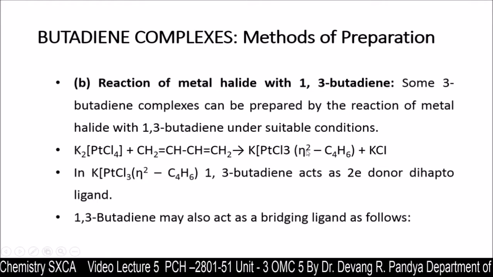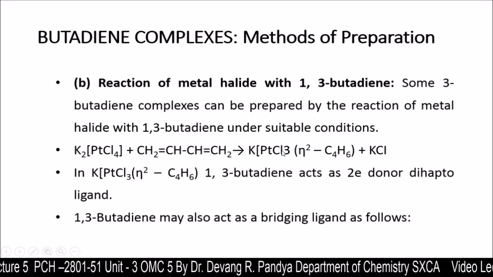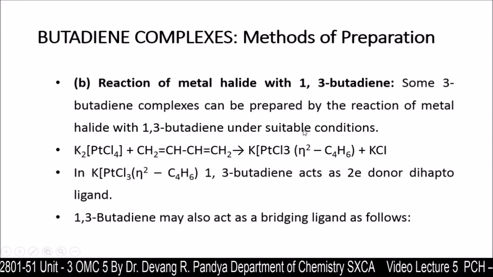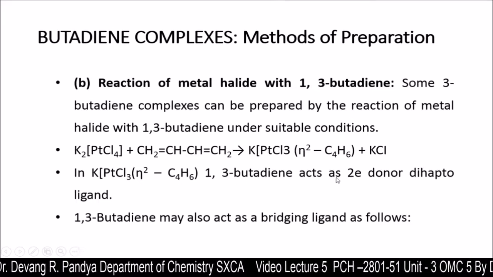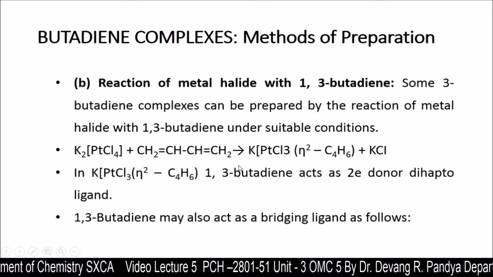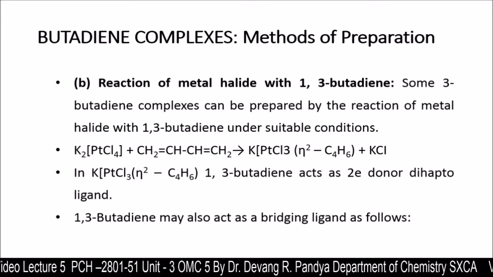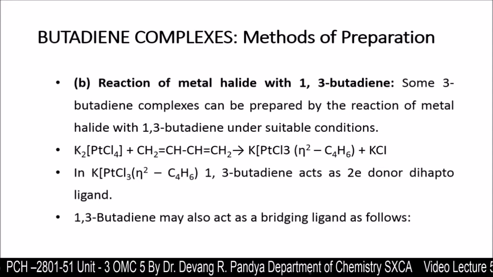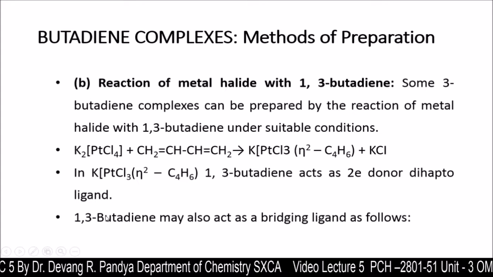We get an eta 2 complex of butadiene. In this, 1,3-butadiene acts as a 2 electron donor, as a dihapto ligand. So not in all cases; majorly it acts as a 4 electron donor, but in certain cases it acts as a 2 electron donor dihapto ligand as well.